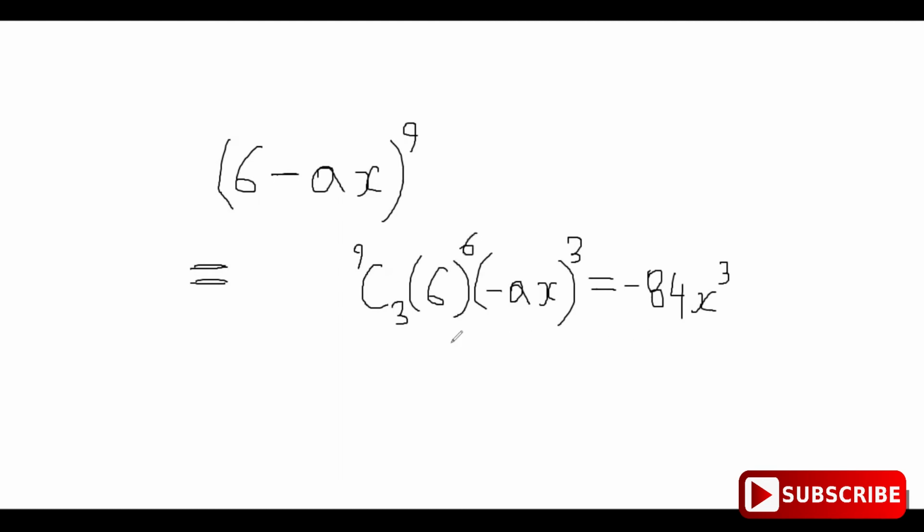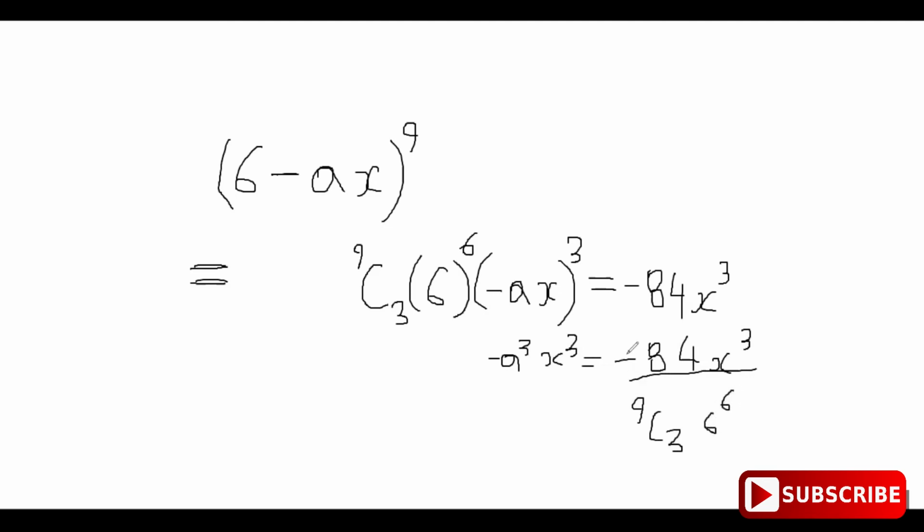We can divide through by 9 choose 3, 6 to the 6 to get minus a cubed x cubed is going to be equal to minus 84 x cubed divided by 9 choose 3 times 6 to the 6.